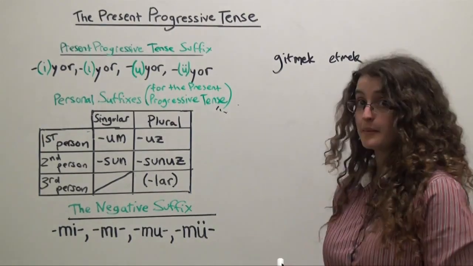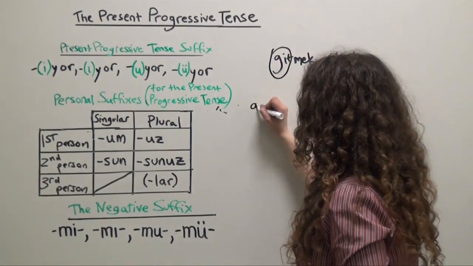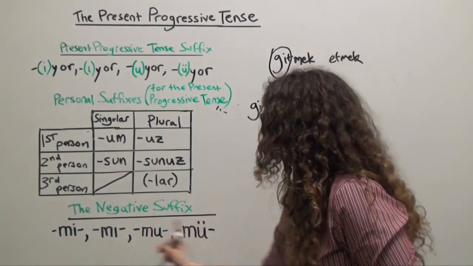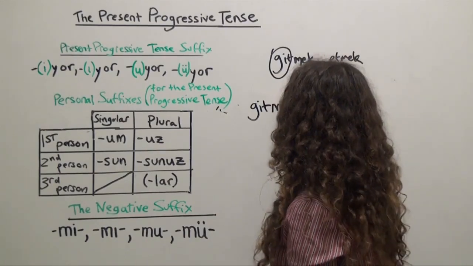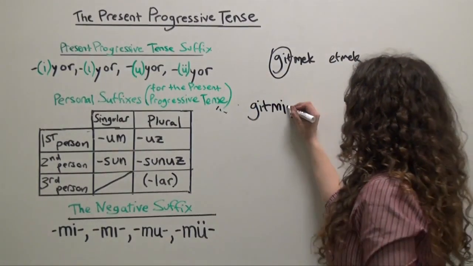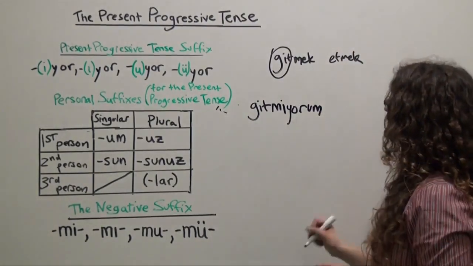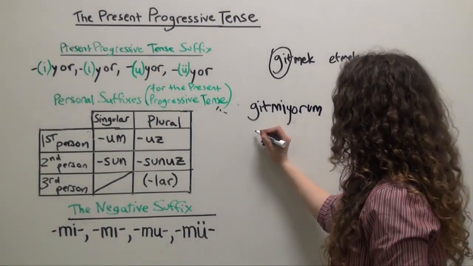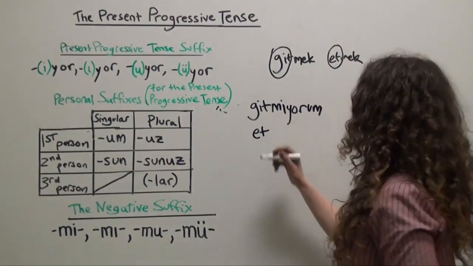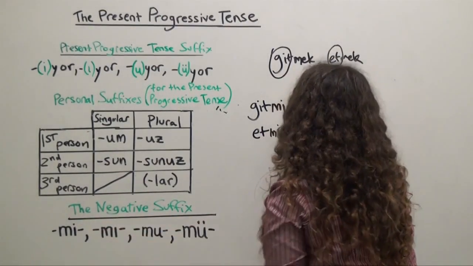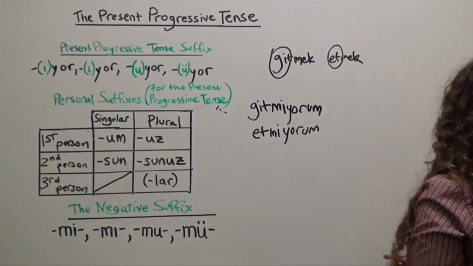So if you want to say I am not going, you're just going to take the verb stem, as with any other verb, git, add the appropriate version of the negative suffix, in this case mi, git, mi, yor, gitmiyorum. For etmek, we're going to do the same thing. Just take et, the verb stem in its current form, et, mi, yorum. I am not doing.